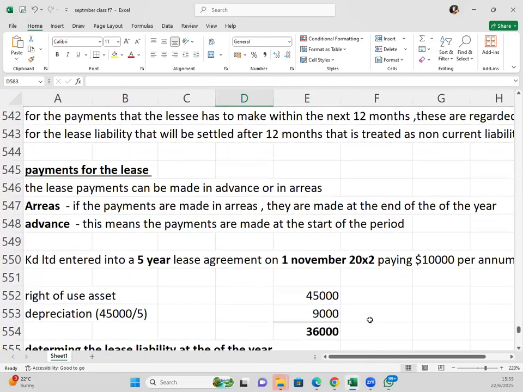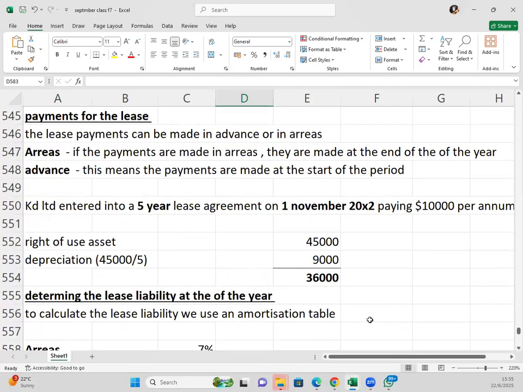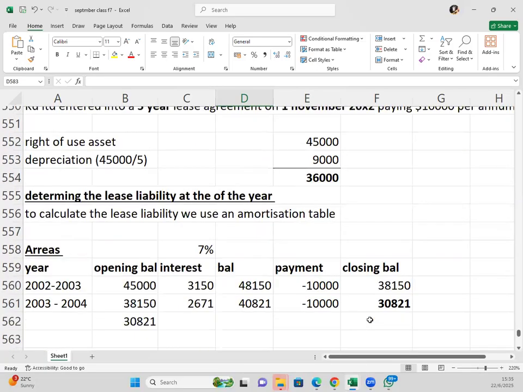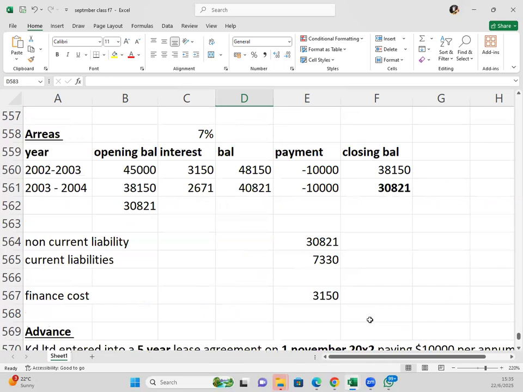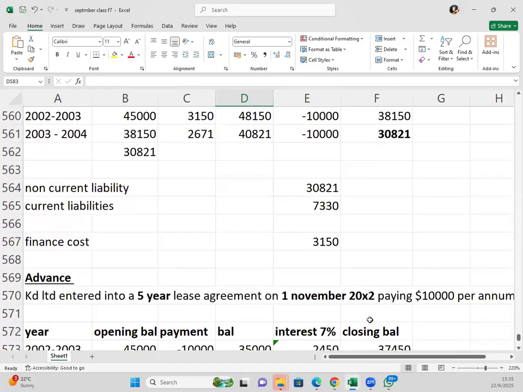So we did talk about payments for the lease. We can pay for the lease in advance, or we can pay for the lease in arrears. We also talked about the amortization table, if the payment is made in advance and if the payment is made in arrears.